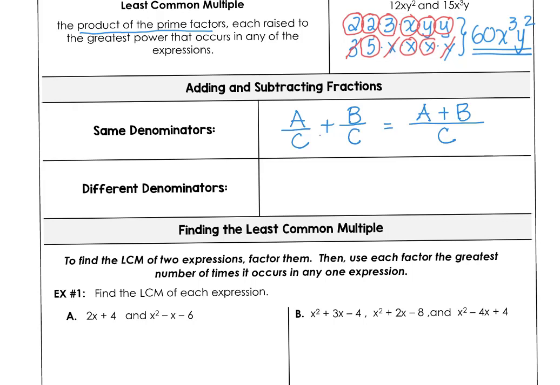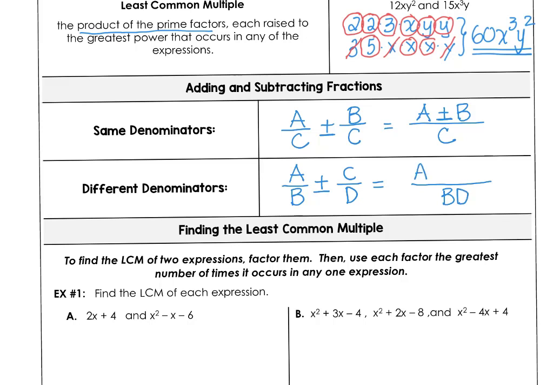Now the same thing works if we're subtracting those fractions, so it would be a minus b divided by c. But when we have fractions with different denominators, let's say a divided by b, and I'm adding or subtracting c divided by d, then to be able to combine them, I need a denominator of b times d.